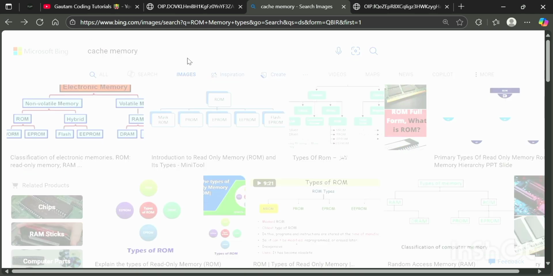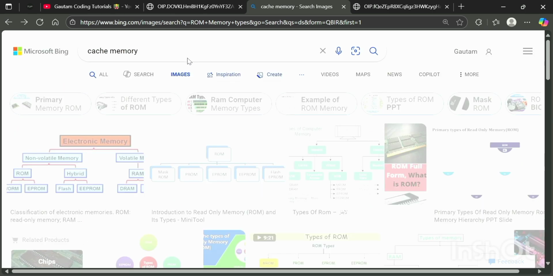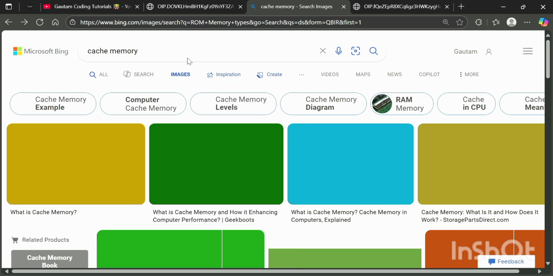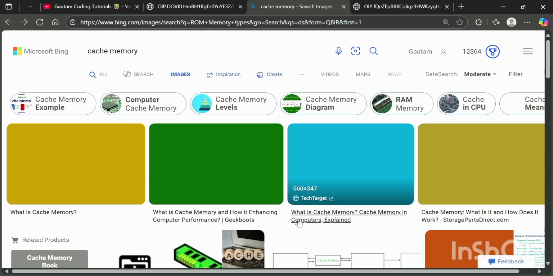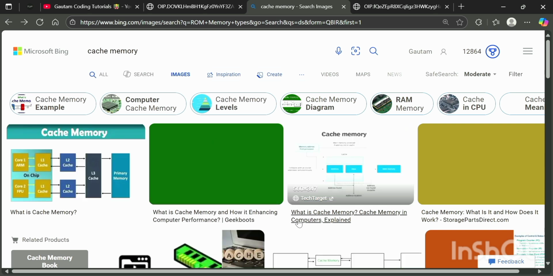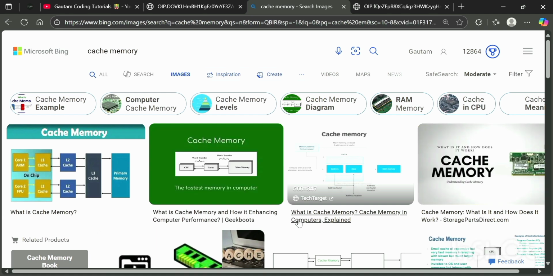In summary, cache memory is high speed, and frequently accessed information, or the data, is stored in the cache, so we don't need to go to the memory repeatedly if we find the data in the cache.